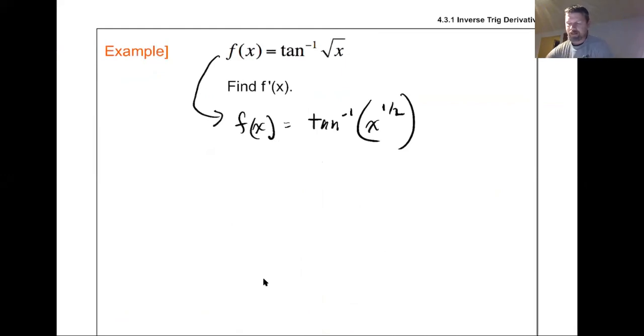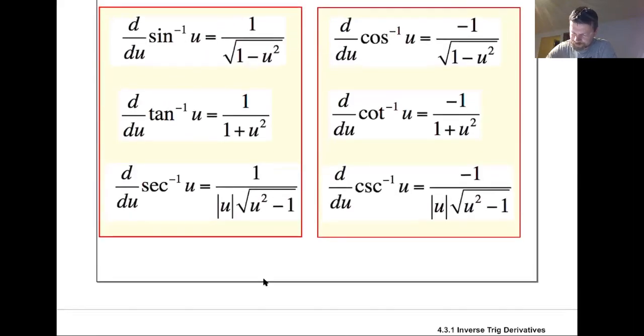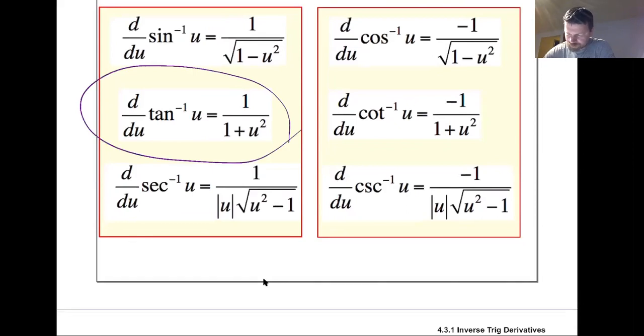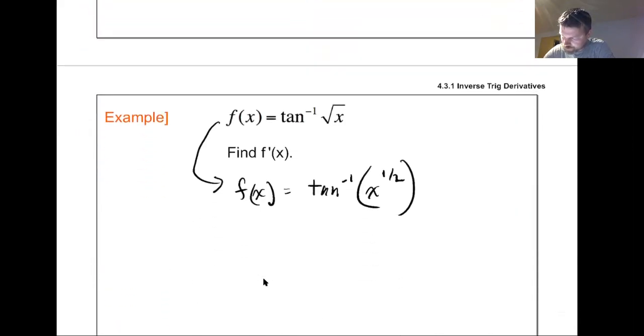All right, to make it a little bit handy for me, I am going to write the tangent inverse derivative off to the side, just as a reminder. It's right here. So the derivative with respect to x of tangent inverse of u is equal to 1 over 1 plus u squared.